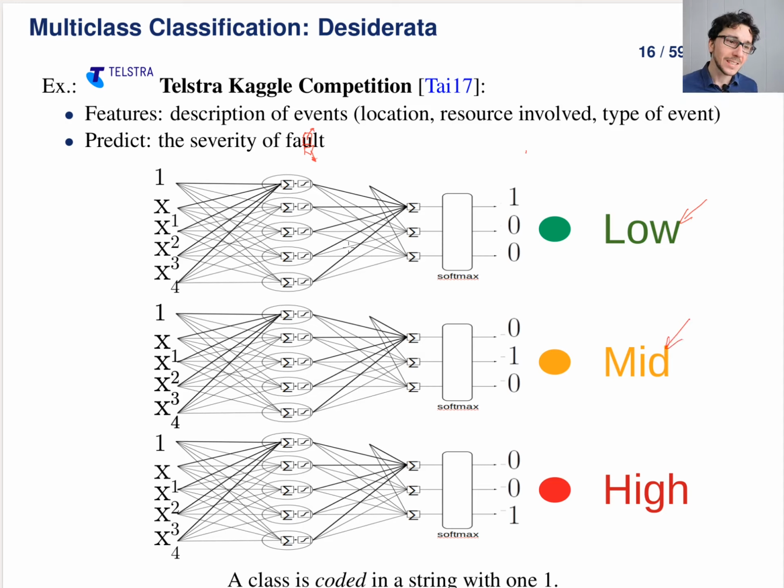This was the kind of task that Telstra, a communication network in Australia, demanded in a data science competition. They wanted people to construct machine learning models, for example neural networks, in which you give in input the features of network measurements in a certain time window, and as output you want to know the severity of the event that corresponds to that observation window. So in this case you have 3 classes and you want to distinguish between them.